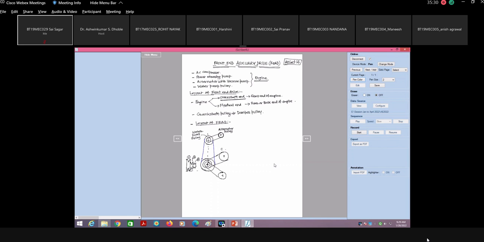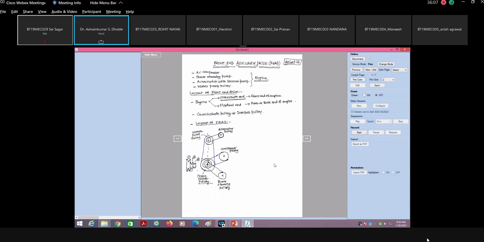This is the compressor pulley. This is the power steering pulley. And this is the crankshaft pulley. So if you happen to get the chance to open the bonnet of a vehicle, please try to see how the drives are provided.